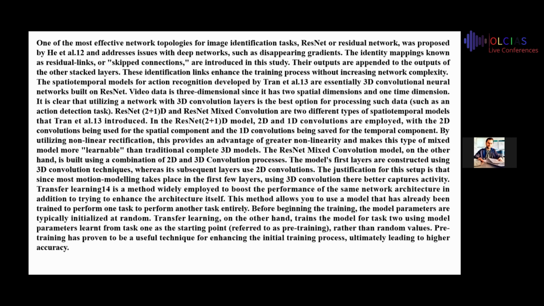Transfer learning, on the other hand, trains the model for task 2 using model parameters learned from task 1 as a starting point, referred to as pre-training, rather than random values. Pre-training has proven to be a useful technique for enhancing the initial training process, ultimately leading to higher accuracy.